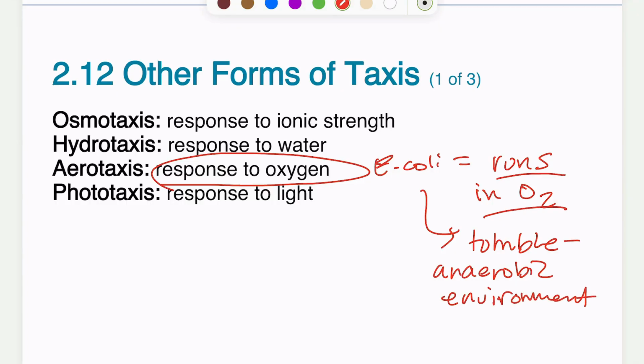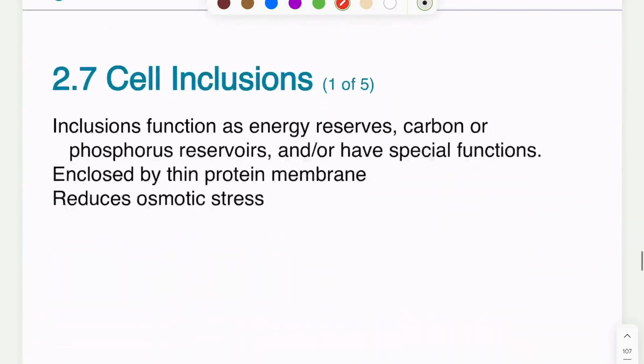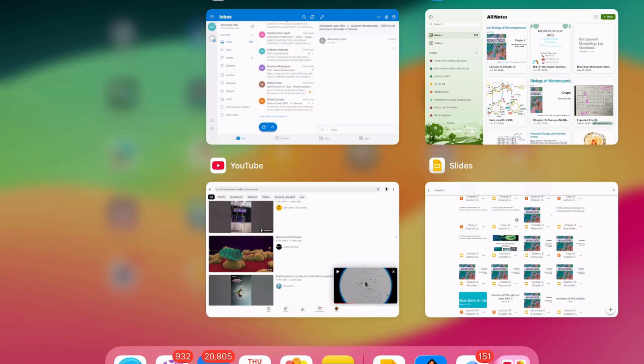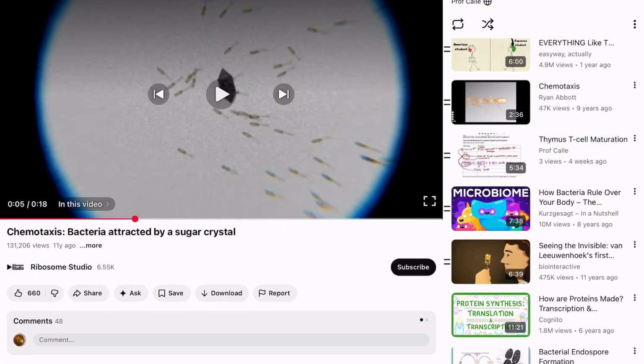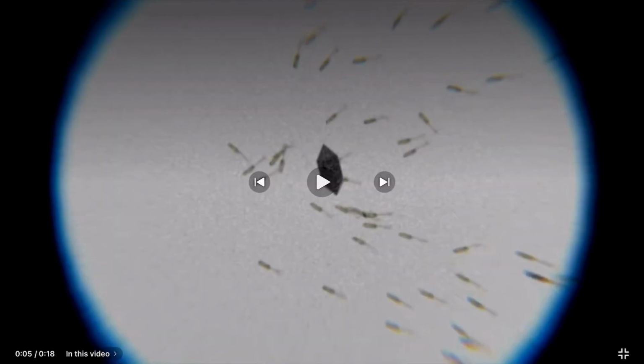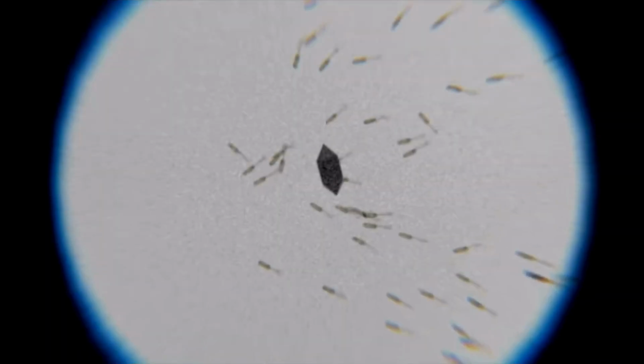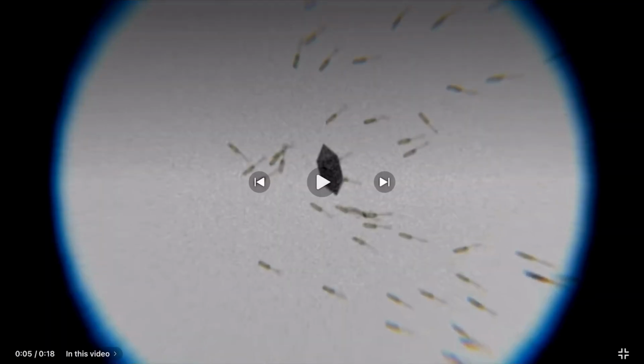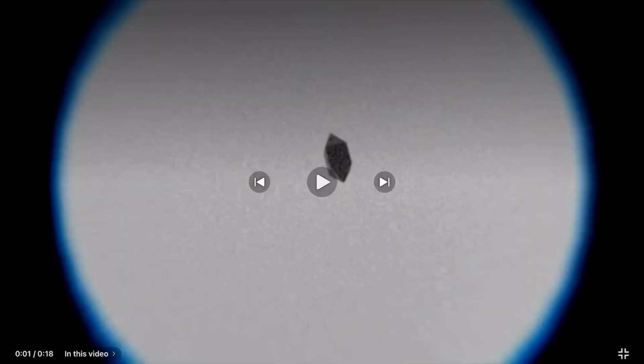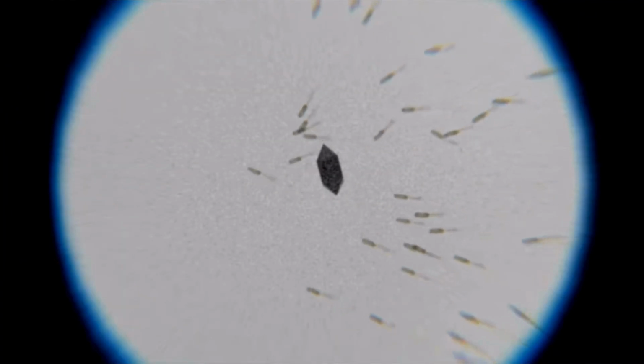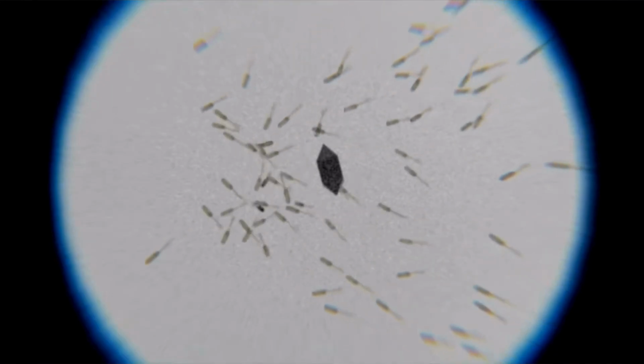Okay. All right. And then one other one that I wanted to show you is the video of Pseudomonas here, moving toward a sugar molecule. So you can see here, it's going to go towards the sugar molecule.